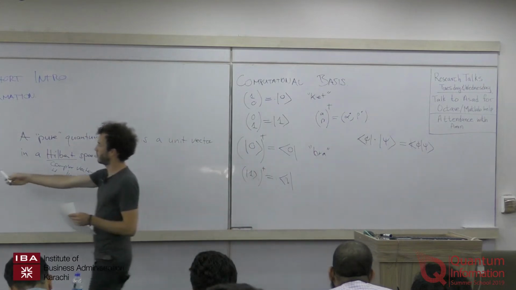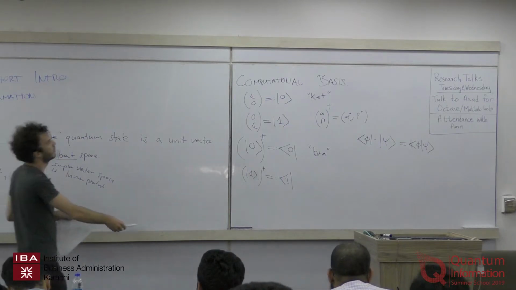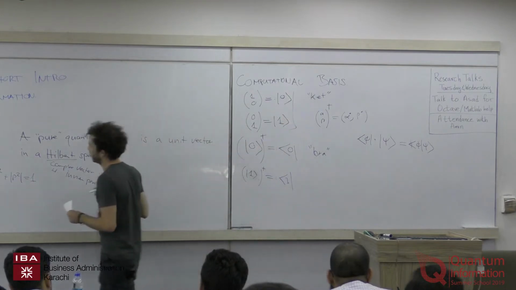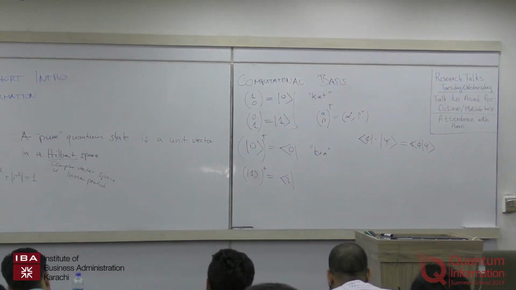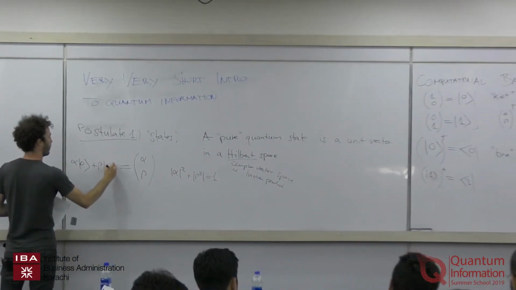All right, so the quantum state, let's say now in the two-dimensional case, we will express it using this computational basis. And what we get here is just alpha ket 0 plus beta ket 1.